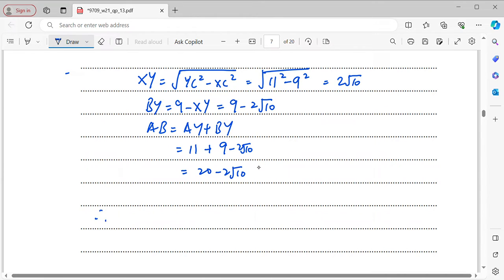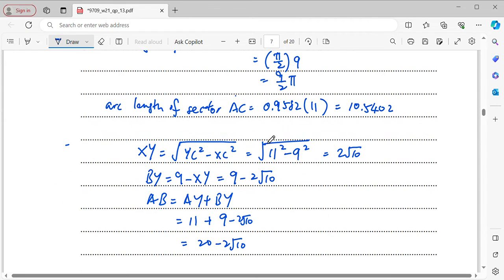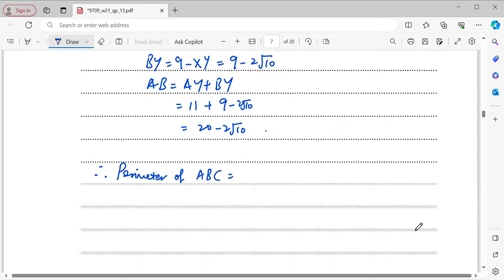So at last, the perimeter of ABC will be BC plus AC plus AB.